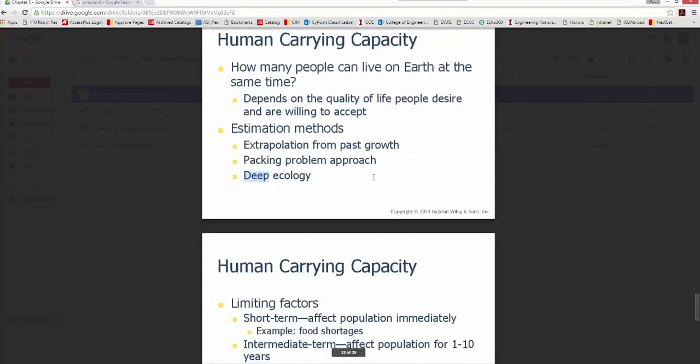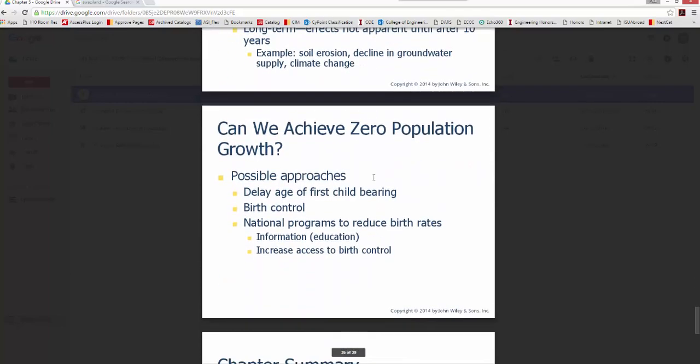But that is the $64,000 question: can we achieve it? You see some of the approaches there. I talked earlier in this lecture about delaying the age of first childbearing. Obviously, the older the individual is when having their first child, the lower the likelihood of having more children.